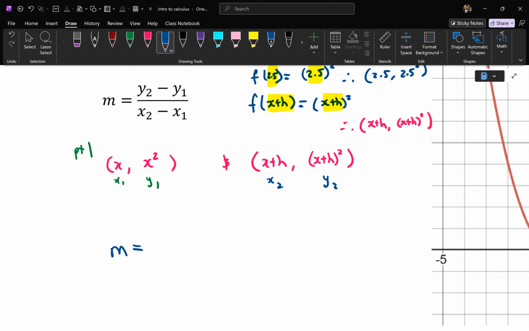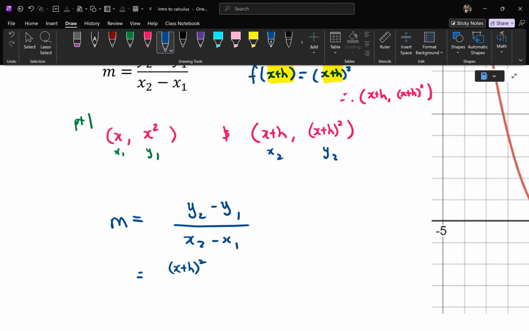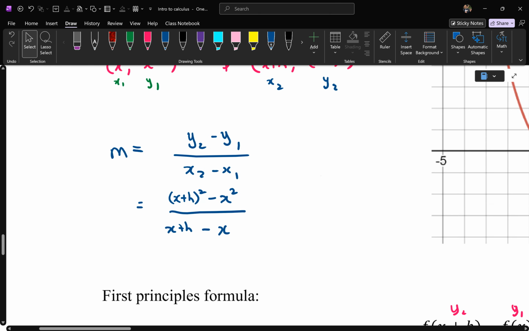I then get x plus h squared, that's my y2, minus my y1, which is x squared, on the numerator, divided by, and notice now x2 is x plus h, minus x1, which is x.